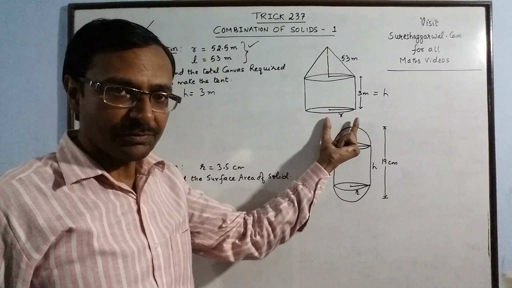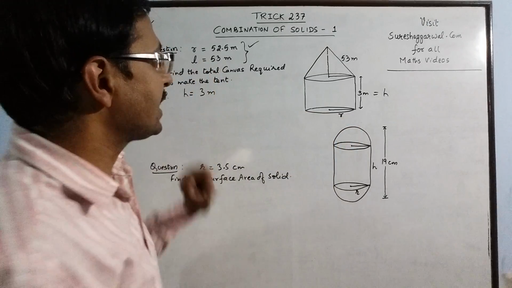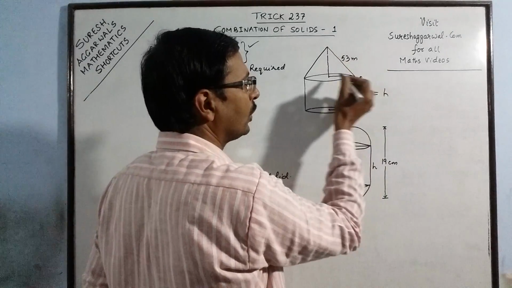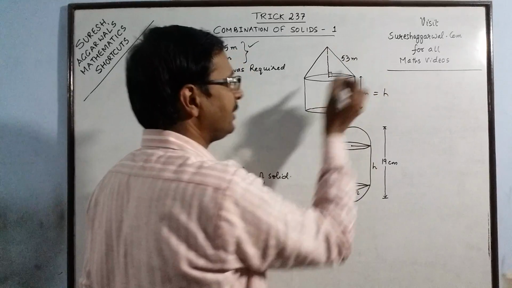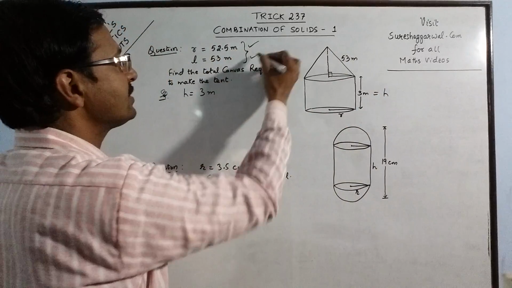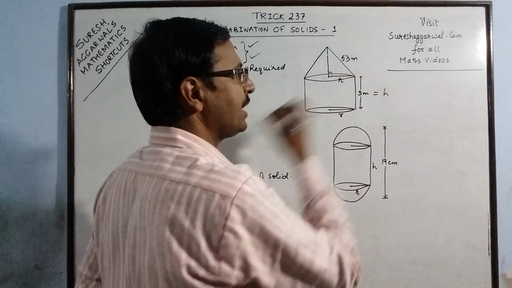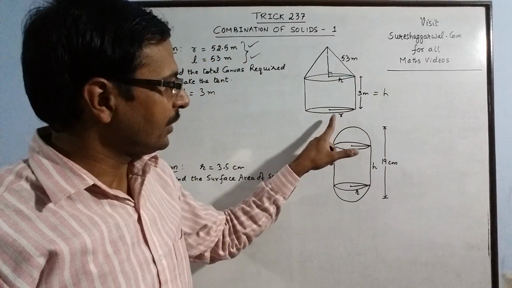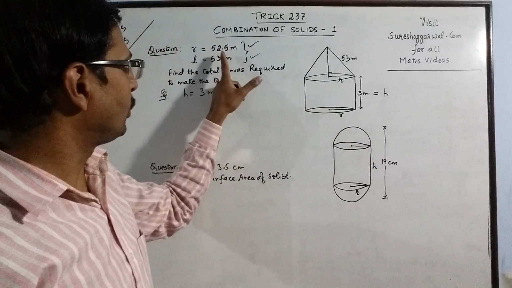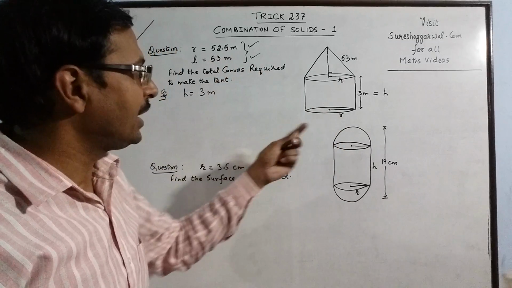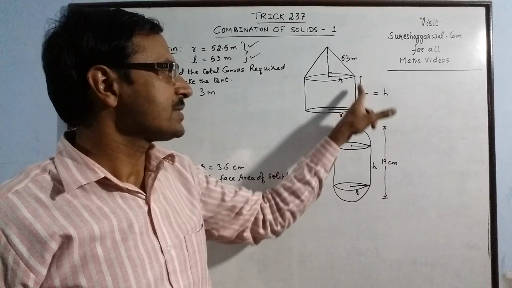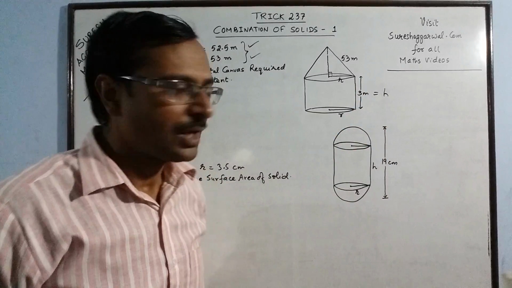The slant height of the cone is 53 meters, so L is 53 meters. This r is the same as the radius of the cylindrical part, both 52.5 meters, and the height of the cylinder is 3 meters.